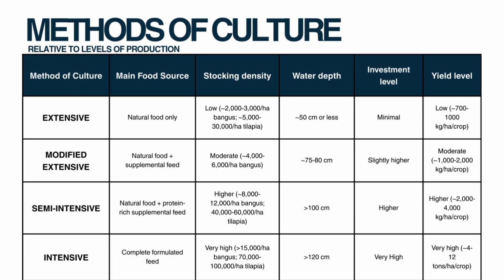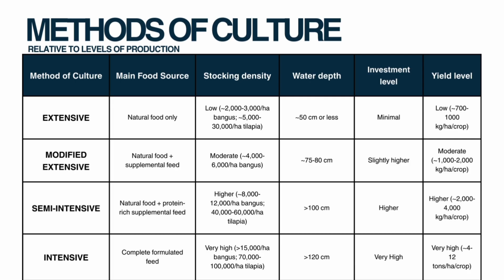Then for the semi-intensive, it is a combination of an extensive pero mas improved siya, and mas matataas yung mga stocking density and the yield level. So the main food source is natural food plus protein-rich supplemental feed.